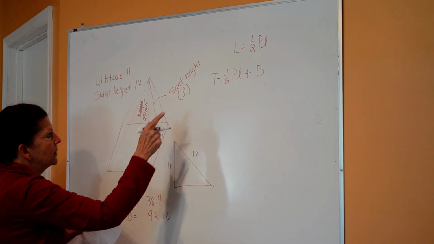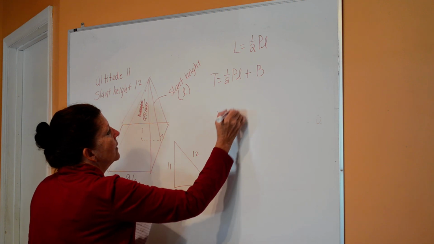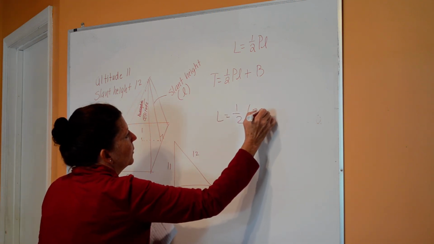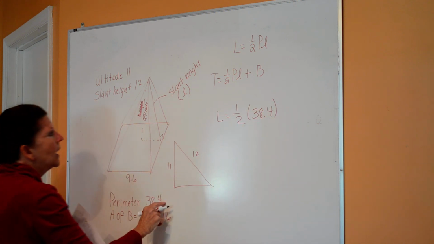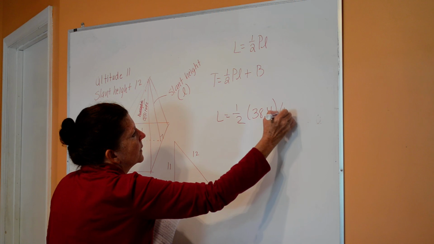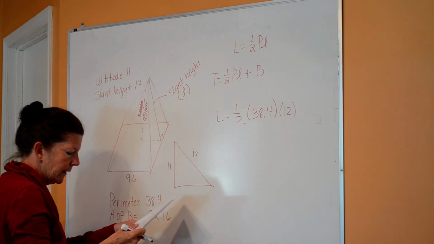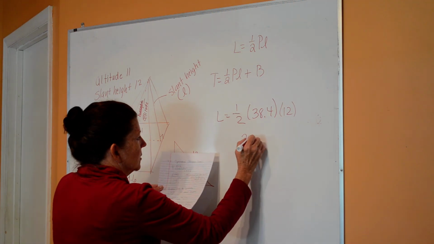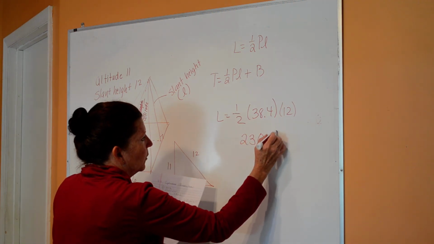Coming over here, if I just want to find the lateral area, it's 1/2 the perimeter, which is 38.4, times the slant height, which is 12. So the lateral area here is 230.4.